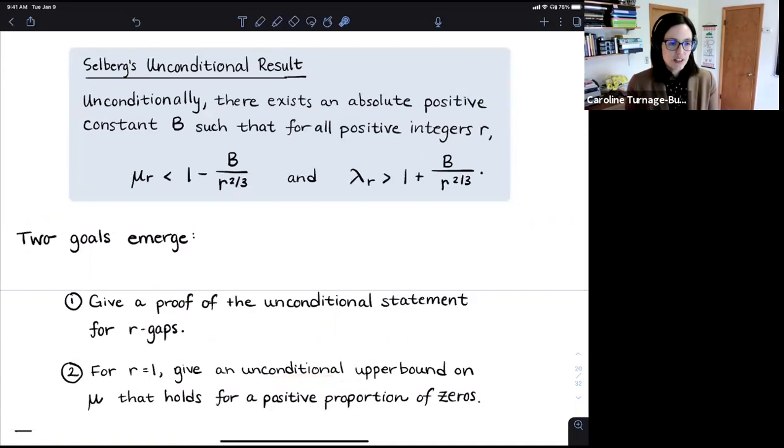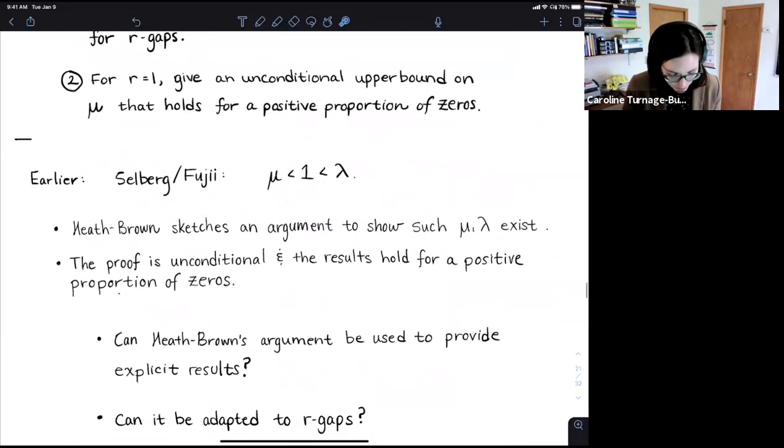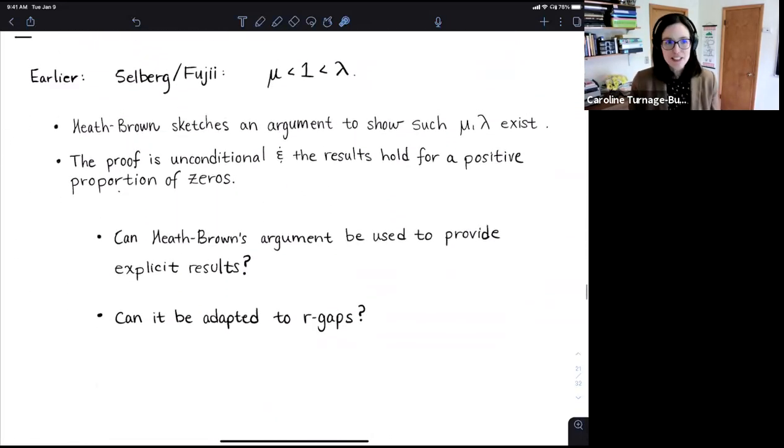Well, when I started this, I knew there is one proof in the literature that is unconditional for small gaps. Now, large gaps has unconditional proofs, but for small gaps, the only one is back in that chapter 9 of Titchmarsh, the sketch that Heath-Brown gives. And so that seemed like a good place to start.